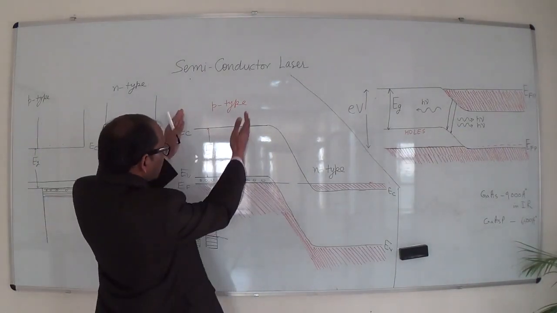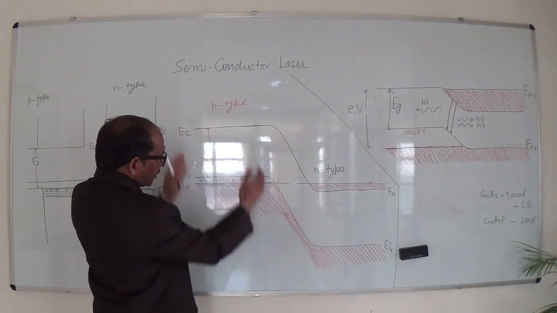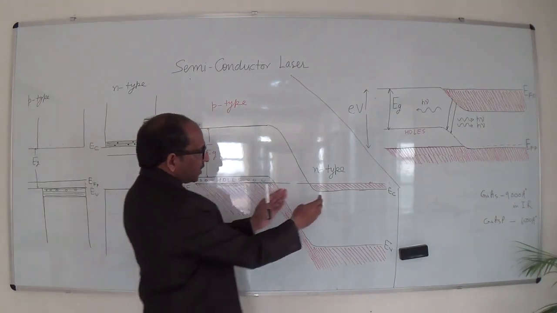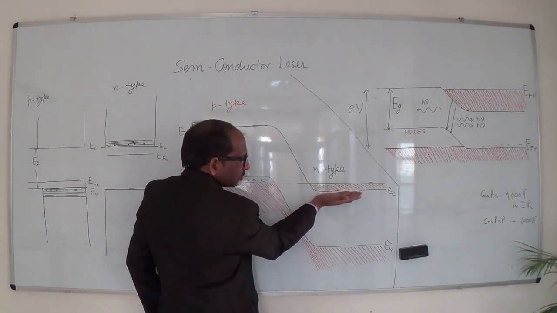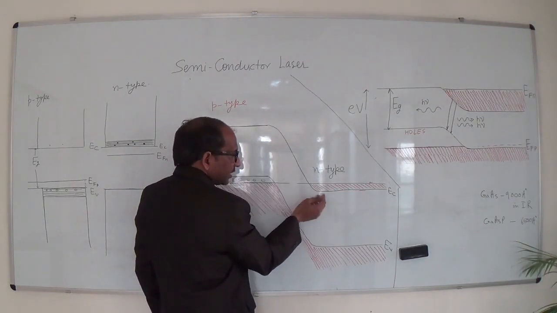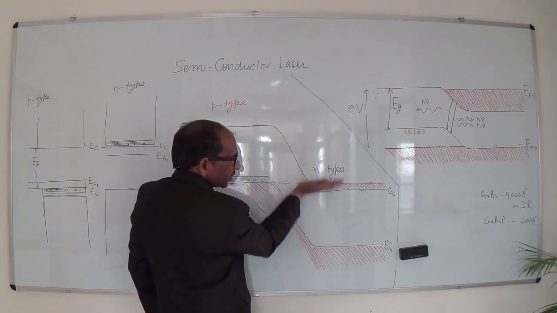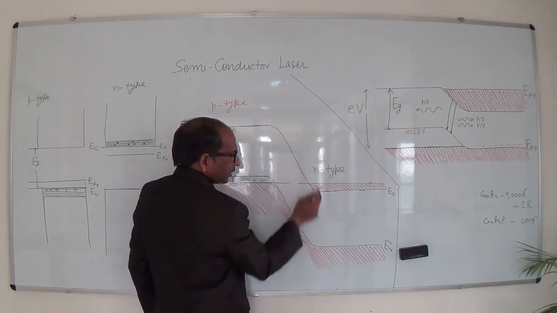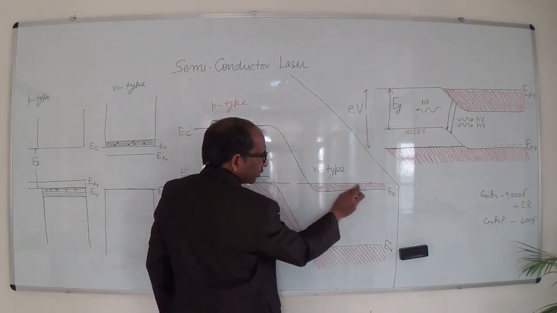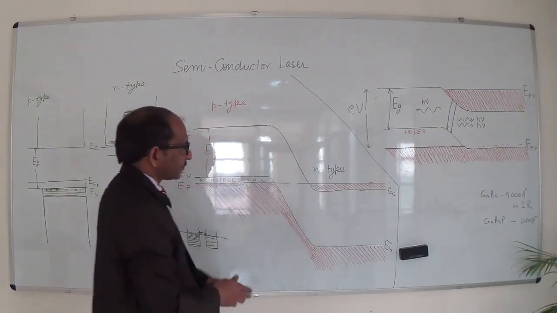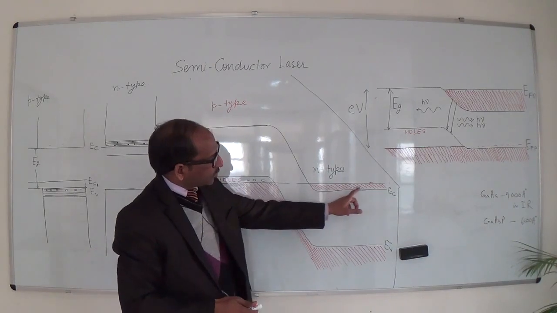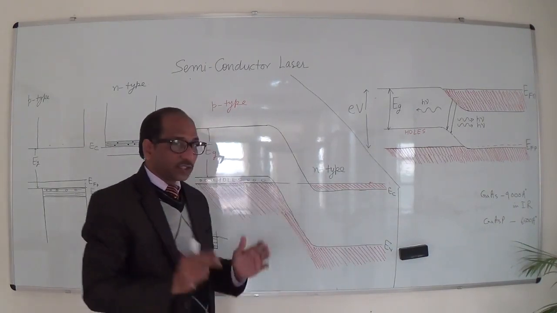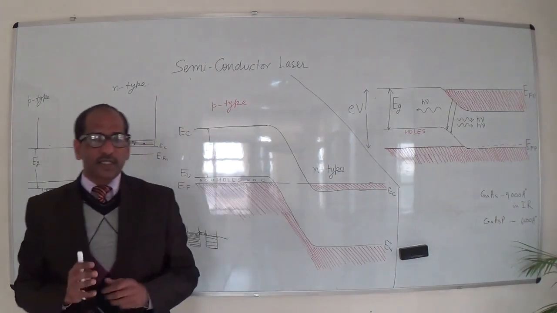This is the p-type semiconductor, and here is the n-type semiconductor. This is the bottom of the conduction band, and this Fermi energy level is just above the conduction band. All the energy states below it are completely filled, and the states above are empty. So there are majority charge carriers in the conduction band. This is the idea of the Fermi energy level.